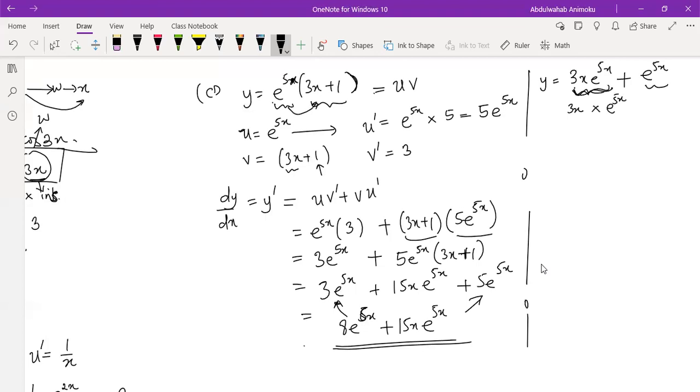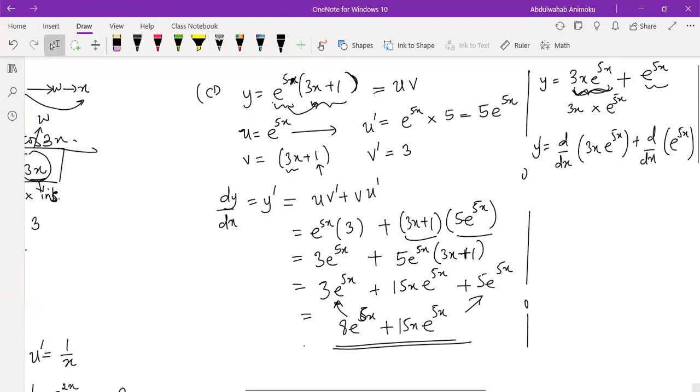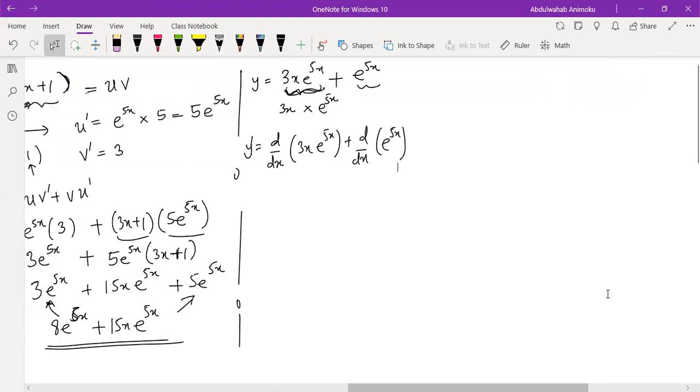So to solve the derivative of this one, it is basically, let me just write it, the derivative of this function plus the derivative of this one. All right. Now we just said this function is a product rule, where the first function we can call u and the second we call v.